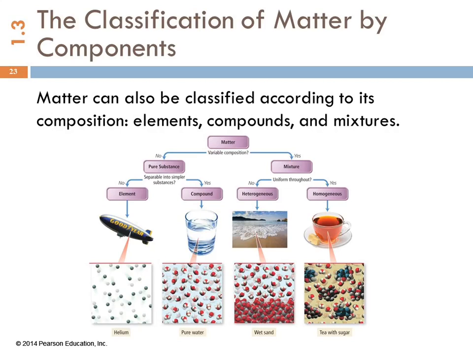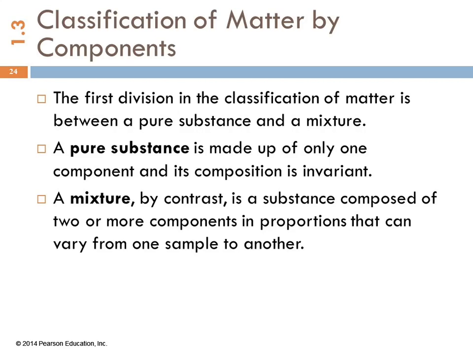So that's one way of classifying matter. We can also classify according to the components of the matter, its composition. And here's an overview. So the first division is between a pure substance and a mixture.